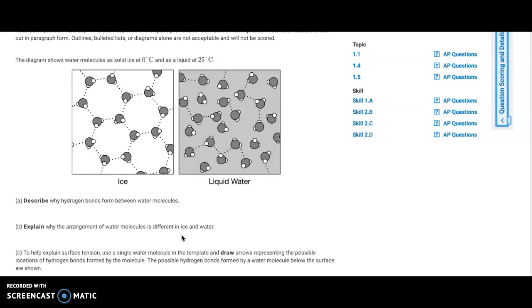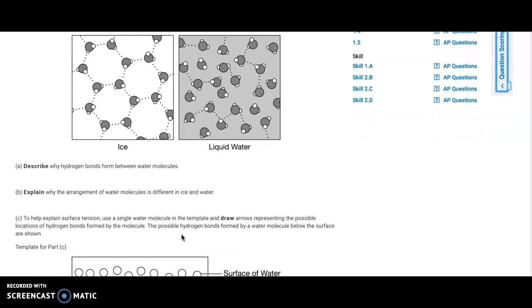And when it asks to explain why hydrogen bonds form, you should probably go ahead and put that all in there. At the very least, you need to talk about polarity between water molecules, that oxygen has a slightly negative charge and hydrogen has a slightly positive charge, and that positive and negative charges attract to each other. Okay?